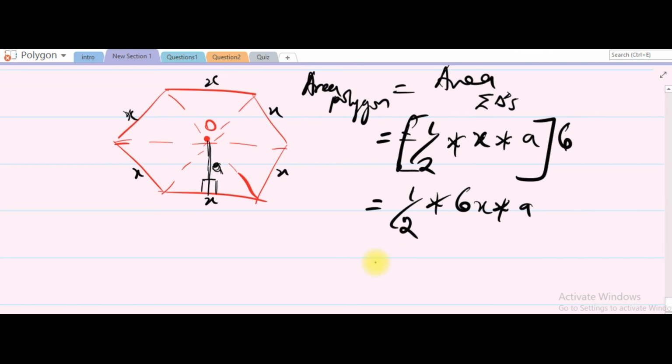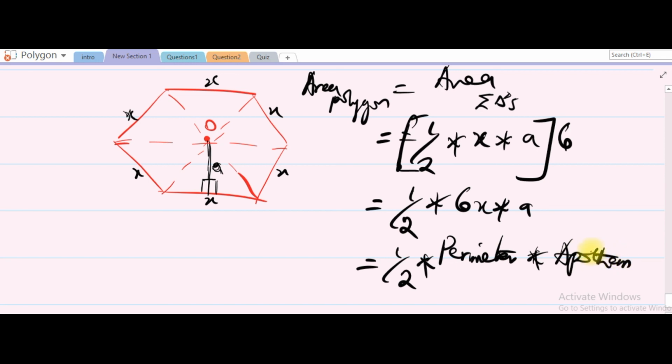You know, multiplication is commutative. And looking at this, 6x is like the perimeter. So this is the perimeter. And our A, I told you, is our apothem.